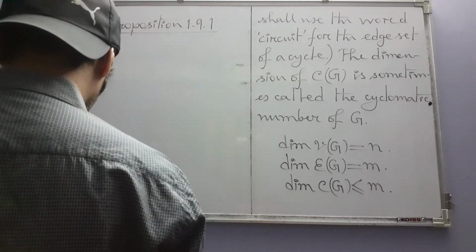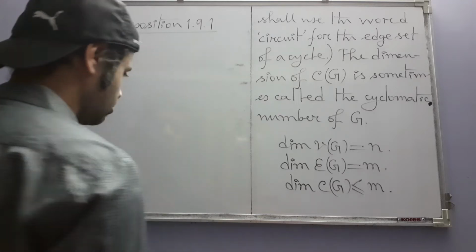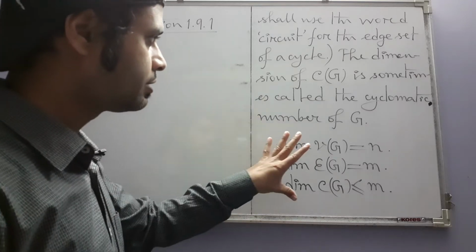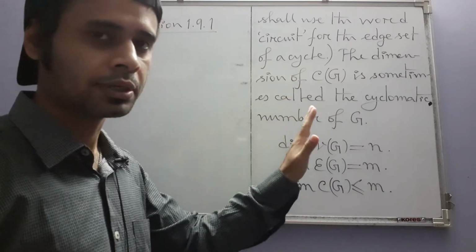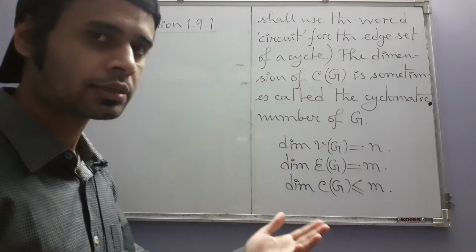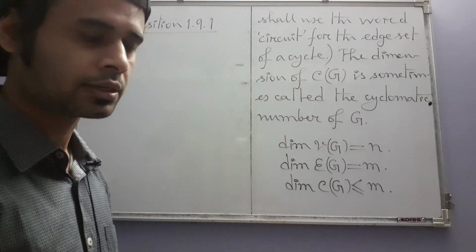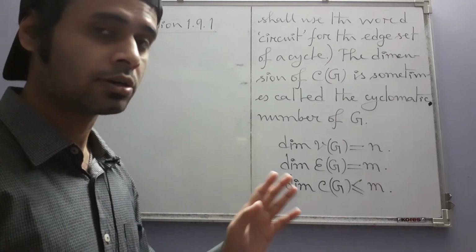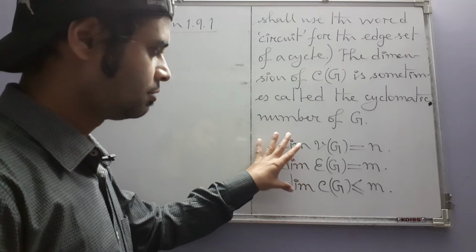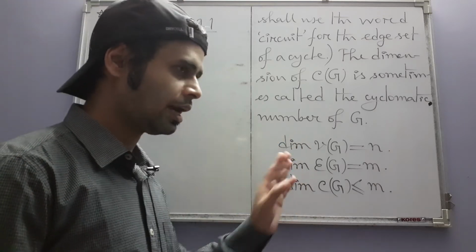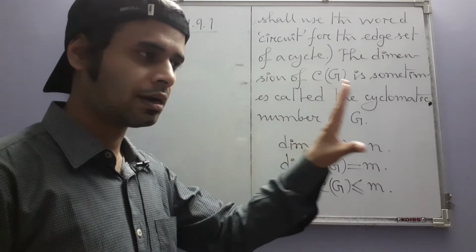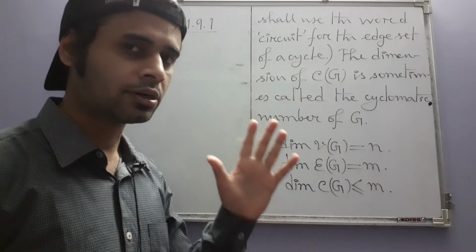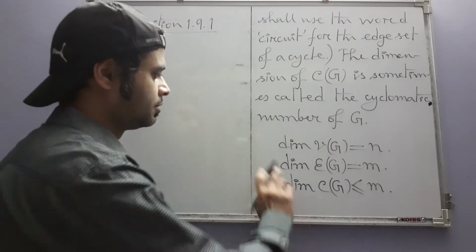It tells us that by definition the cycles induce the cycle space, but there is a smaller subset of the set of all cycles that also spans it. These two languages get mixed up, the graph theory language and the vector space theory language.